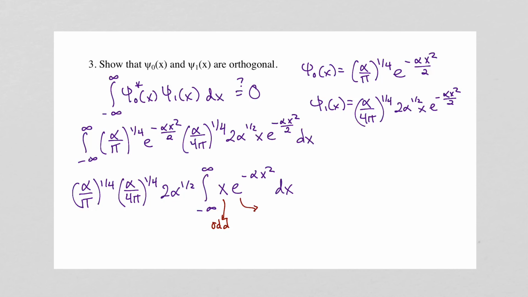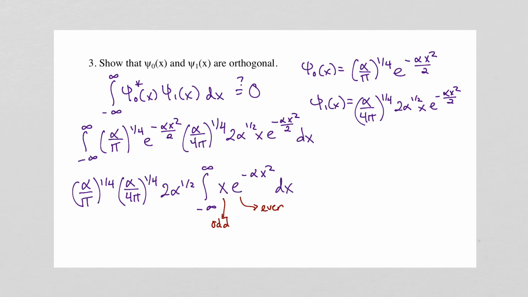We have our e to the minus alpha x squared function, that's an even function. Again, if you're having trouble picturing these as even and odd functions in your head, go ahead and plot them, start to get a feel for how to recognize those. Obviously x to the odd powers will be odd functions for us. If they're to the even powers, then they're even functions.